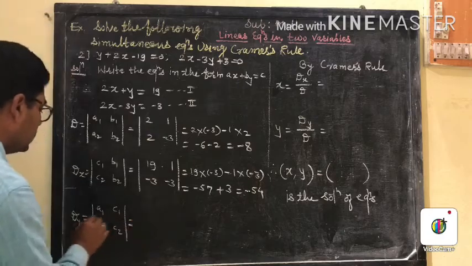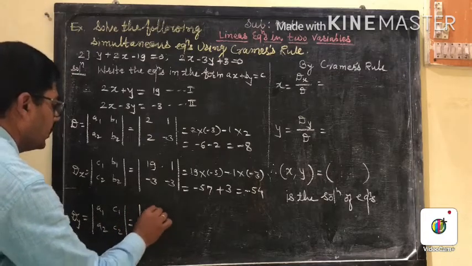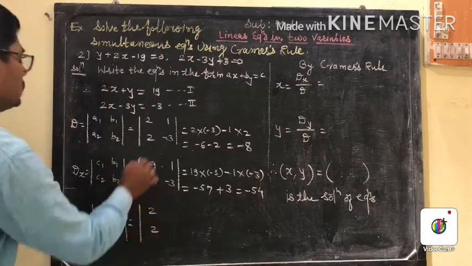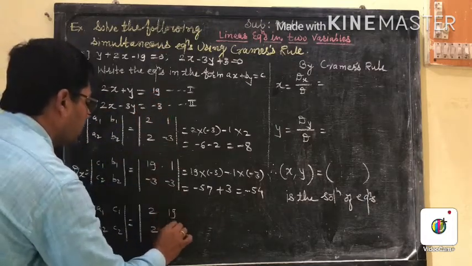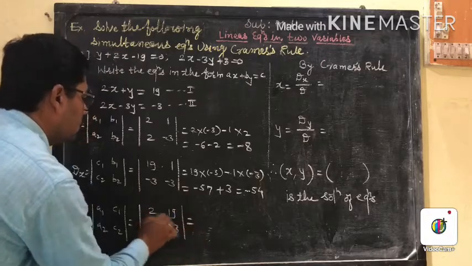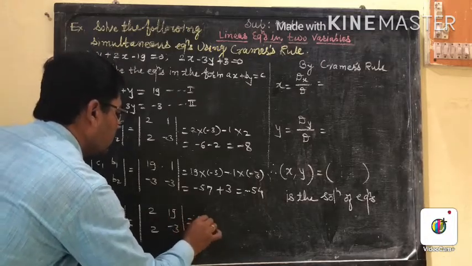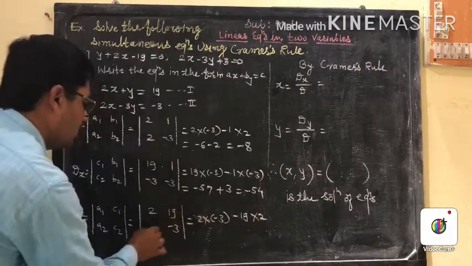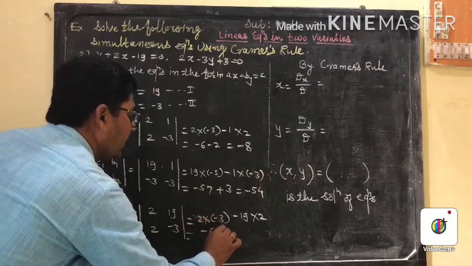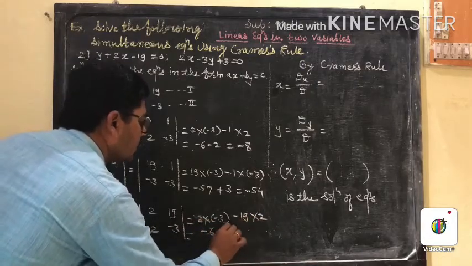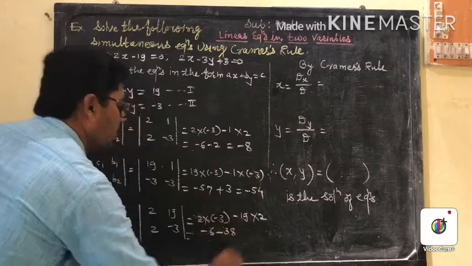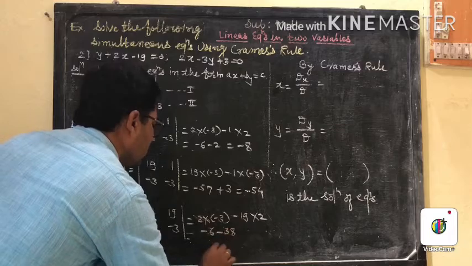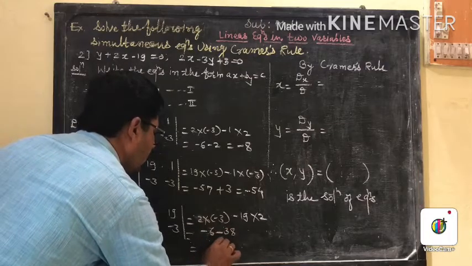Okay, now the value of Dy is a1 a2, 2 2, c1 c2, 19 minus 3, which is equal to 2 into minus 3 minus 19 into 2, minus 6 minus 38, and the value of this is minus 44.